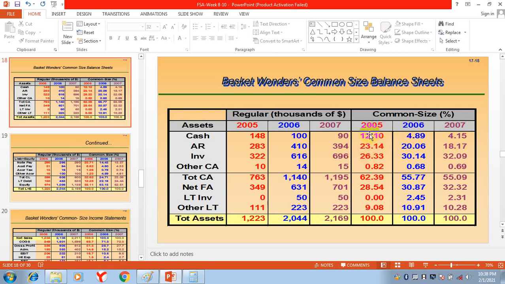Why? There was idle cash, 148,000. The balance sheet is in thousands. So we have $148,000 in cash. What we did, we took 48,000 and invested it here in long-term investment. Idle cash is invested somewhere, so it will give us a return.